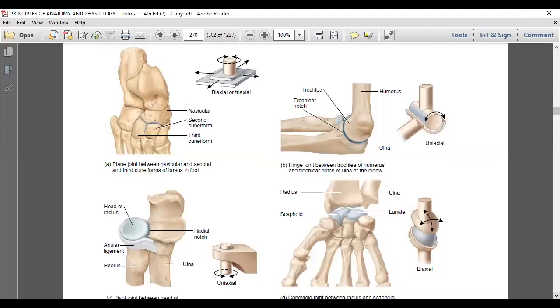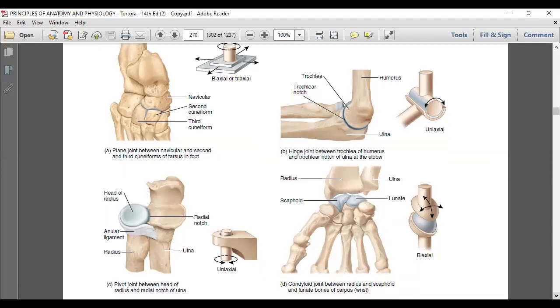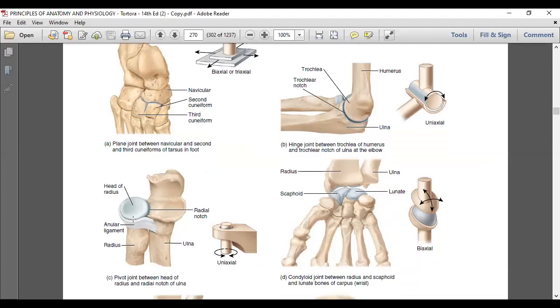Function wise, we can see here the condyloid joint. This is the condyloid joint. And this is the joint between the radius and ulna. You can see a little bit of movement. That we call a pivot joint between the radius and ulna.